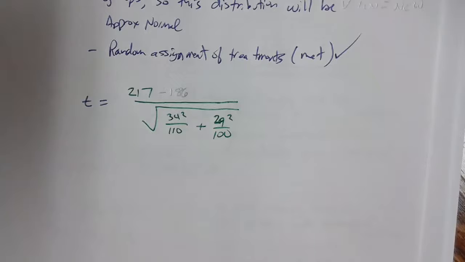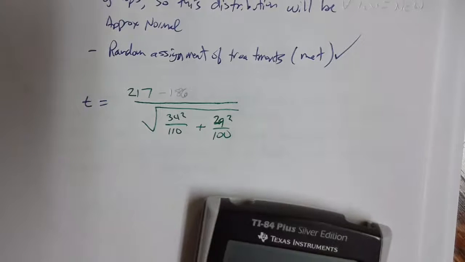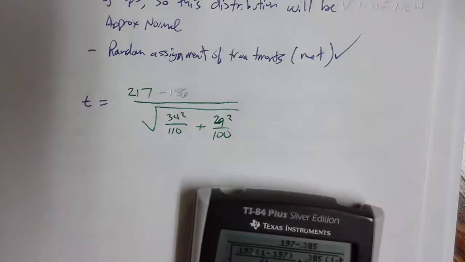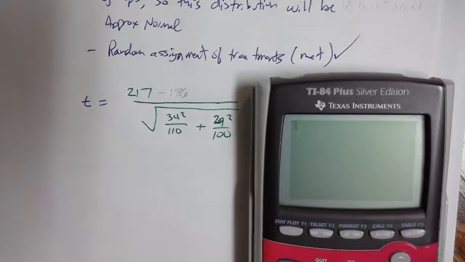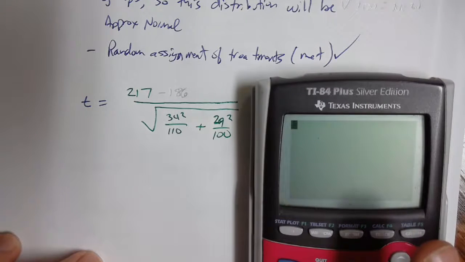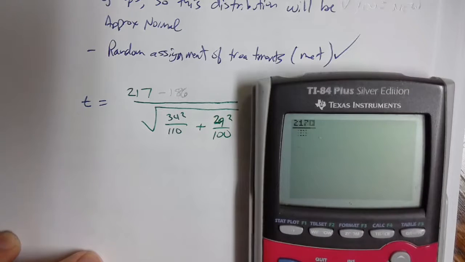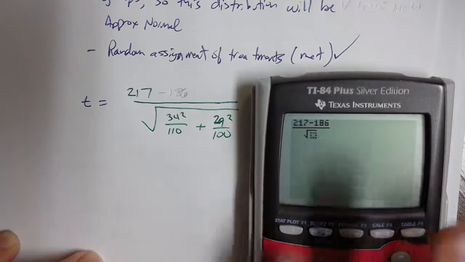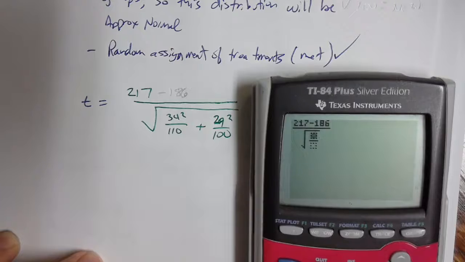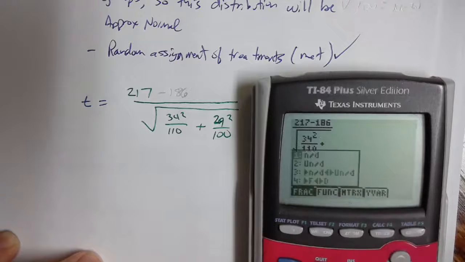And let's see here. So let's start with a fraction. 217 minus 186, and then 34 squared over 110 plus 29 squared over 100.